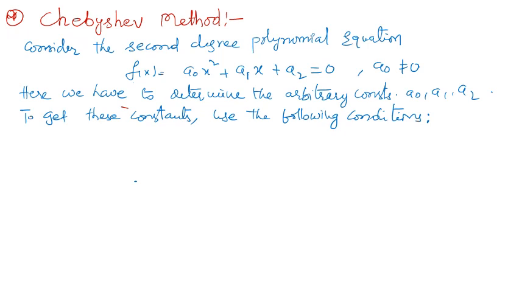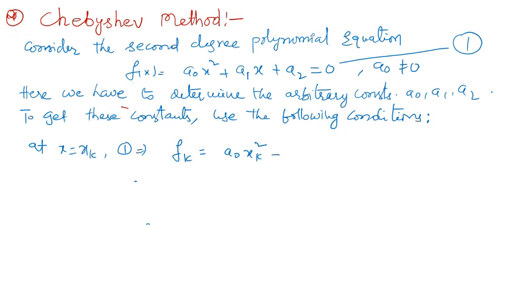What are the conditions? First one, at x equal to xk, take this as equation 1. This is simply fk equal to a naught xk square plus a1 xk plus a2. This is fk only, I'm not taking it equal to 0; it is the expression of f of x at x equal to xk.